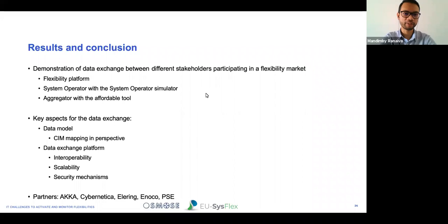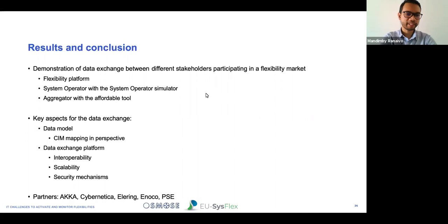Among the stakeholders, we have the system operator, using the system operator simulator in our case, and the flexibility service providers represented by the aggregator using the affordable tool as described earlier.